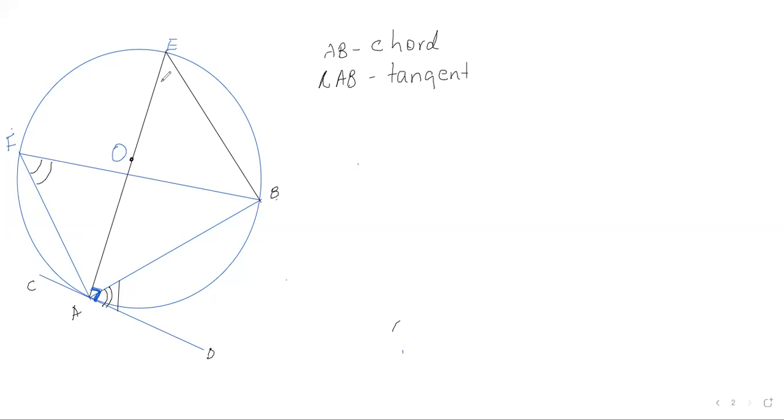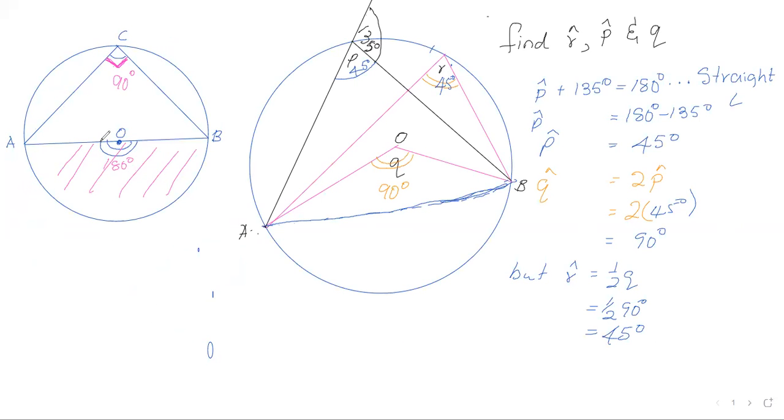And then this angle, if this AE is a diameter, it means this is 90 degrees as well. You have seen that in the previous page. We said the angle at the center of a circle is twice the angle at the circumference, or the angle at the circumference is half the one at the center.